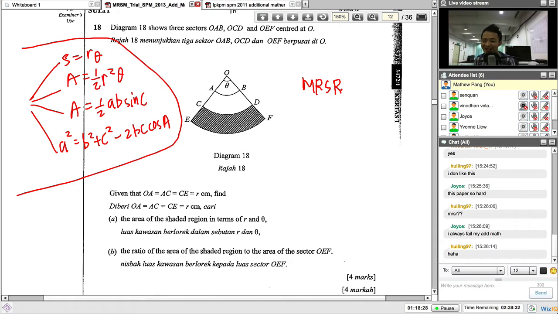You fail your MX? Are you serious? Joyce, are you a Form 4 student or Form 5 student? Oh, it's MRSM. My bad. Oh, Form 5. I got a D on the last exam. Oh my god.